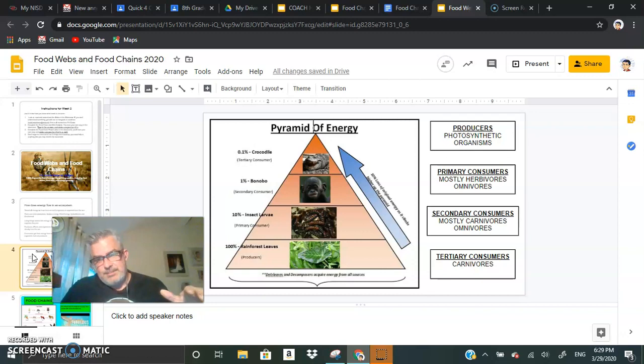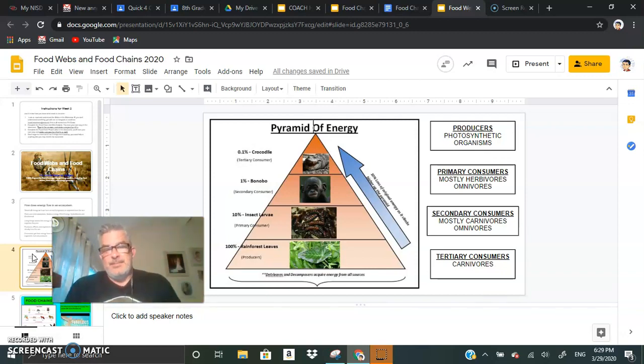Herbivores just eat plants. They get their energy from the plants, and then they keep it and use it to live. They use about 90% of it to stay alive and do their thing. 10% of it then gets passed on to the organism above it that eats it.